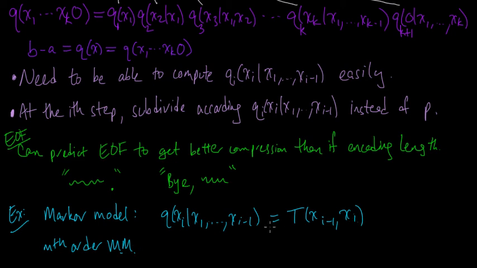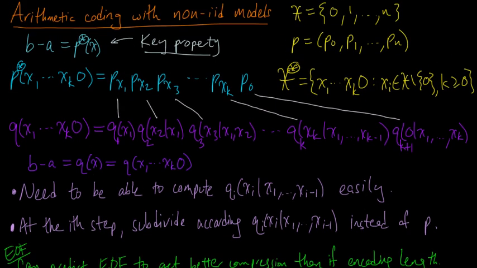Similarly, instead of just depending on the last symbol, you would have some probability that depends on the previous m symbols. So that's just a couple simple examples of Qs that you might choose. All right, so that is how you do arithmetic coding with more general non-i.i.d. probabilistic models of the source.